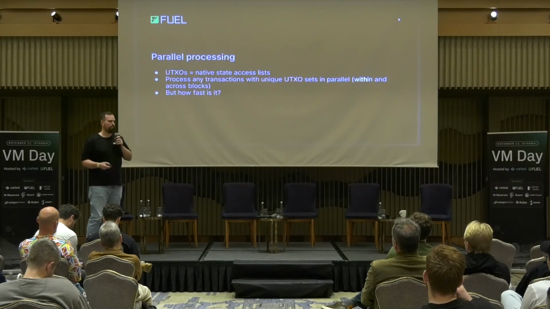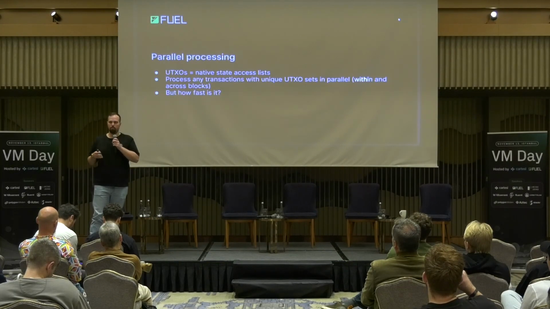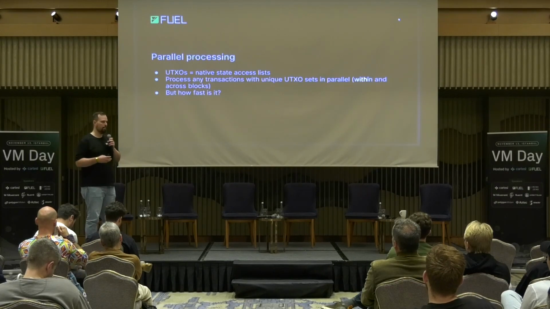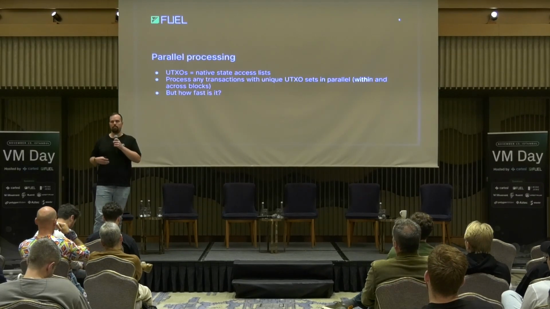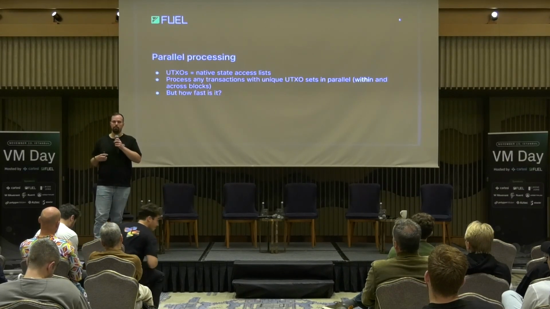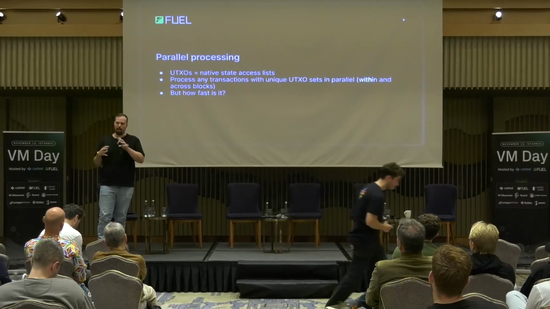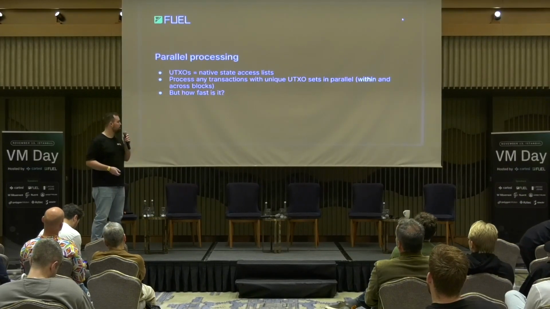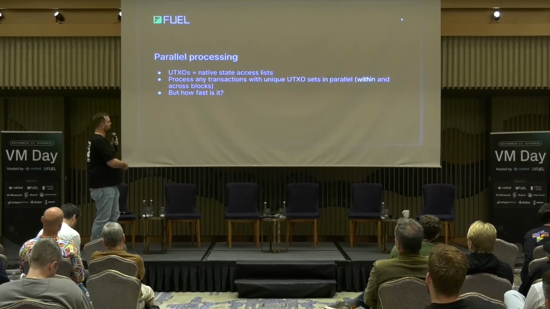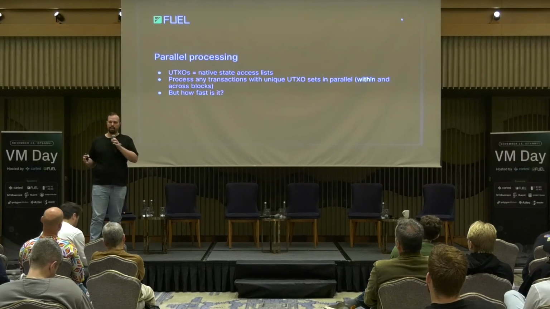In addition, the Fuel virtual machine is also designed for parallel processing. This is a really important feature of, I would say, any modern virtual machine. You really want to be able to use all the power of your machine to process transactions. In a sense, UTXOs enable us to do this because they act as a state access list.